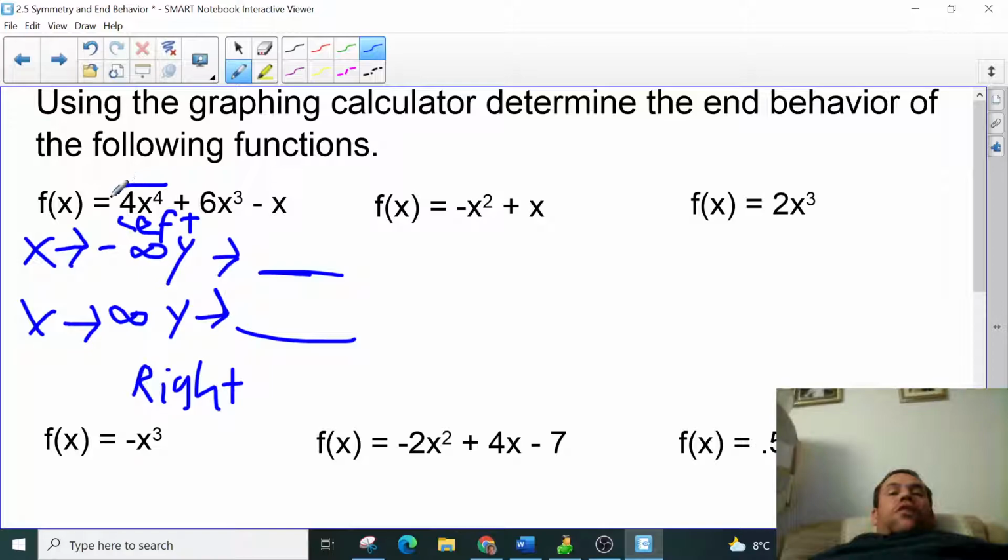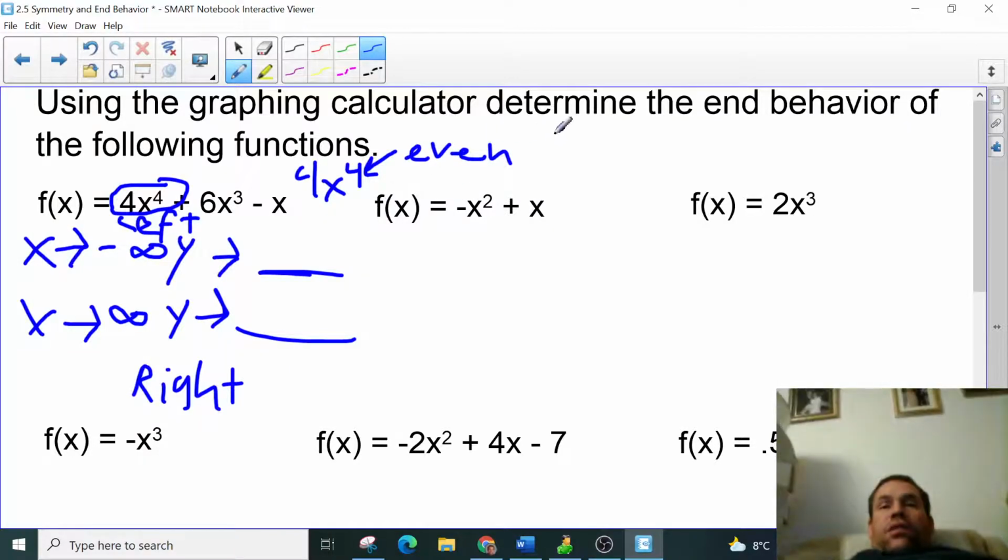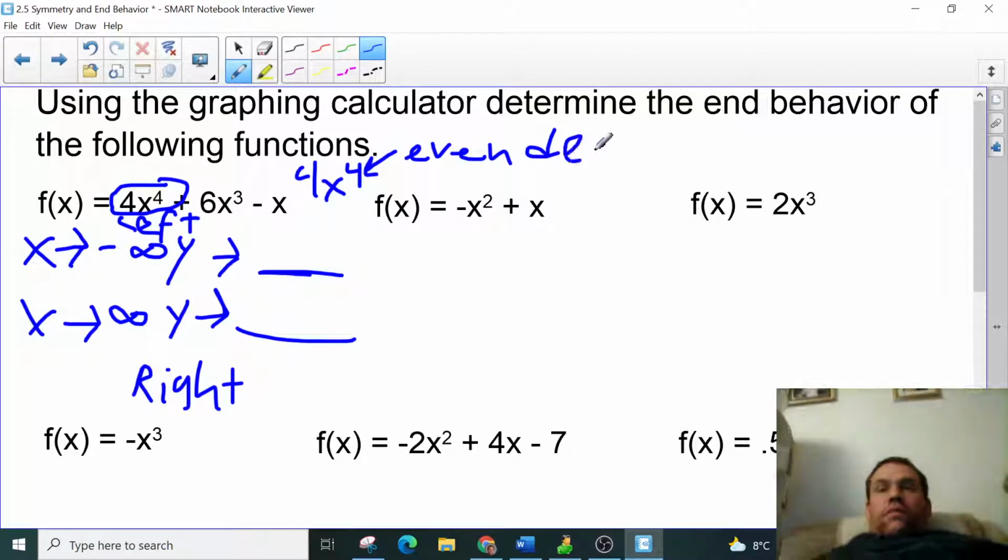Okay, so here we go. We're going to look at the leading coefficient as well as the power. 4x to the fourth power: that 4 for the power means it's an even degree polynomial. Remember, going from left to right.